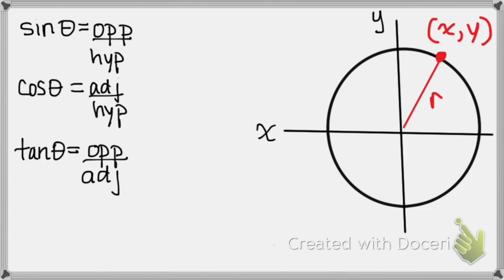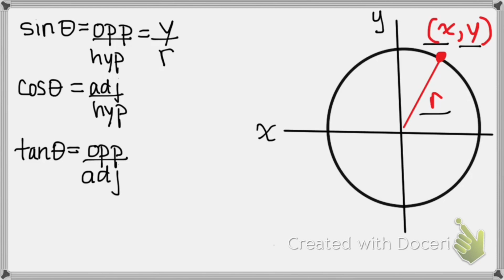Now I'm going to use these three variables here, x, y, and r, to make new equations for what each of the trigonometric expressions mean. Sine of theta is y over r.